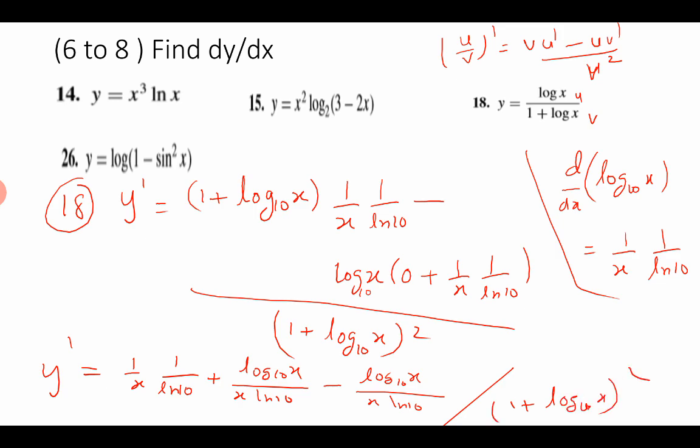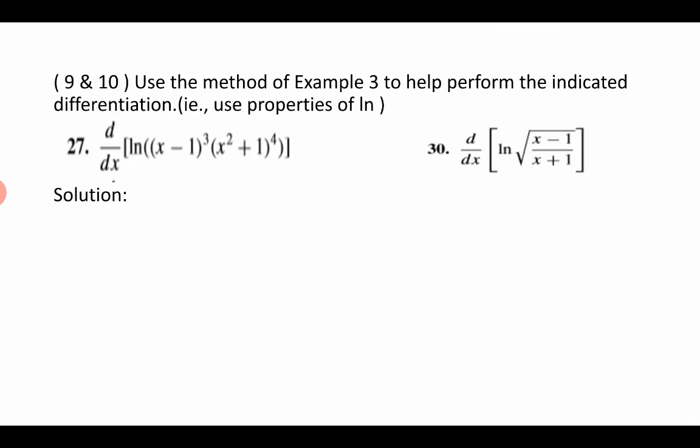Now this term and this term will be cancelled. You will get this term divided by this term as your answer. Try 26 yourself.